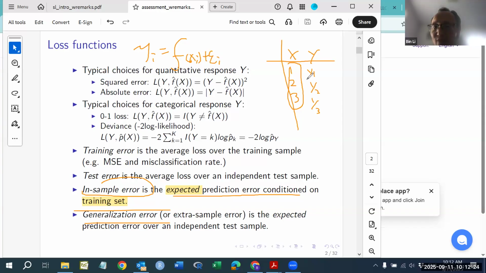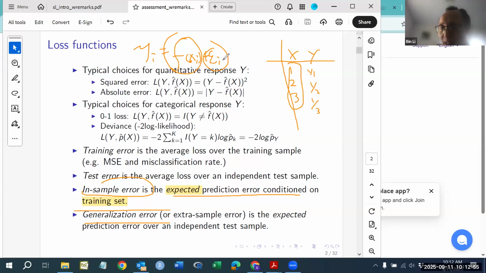If X is, let's say, 1, the Yi will change. Why? Because Yi equals f(Xi) plus epsilon i. Xi didn't change, which means this part didn't change. But epsilon i changes. That's random error. So we can go back to the population and get another Y with the X fixed at 1.